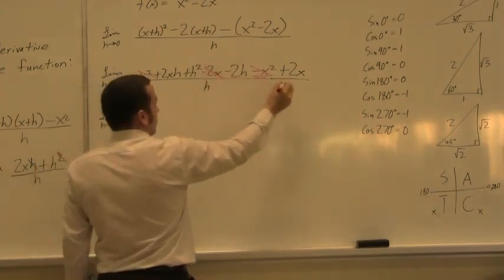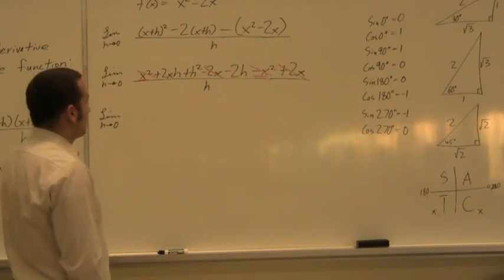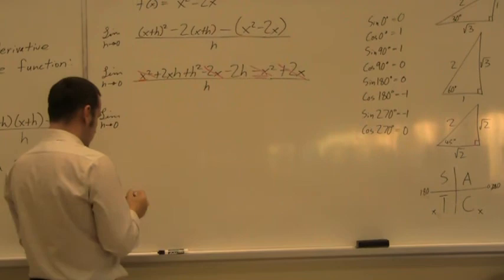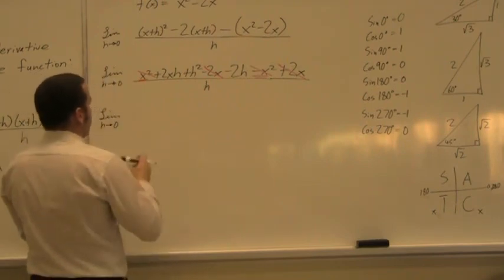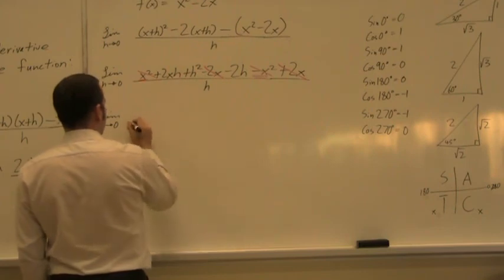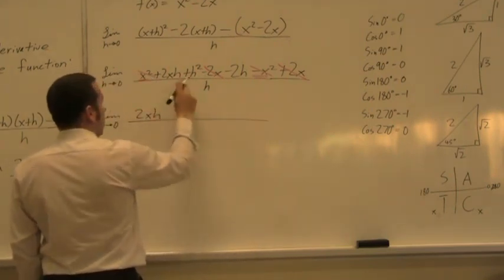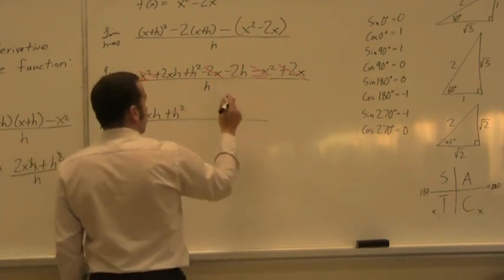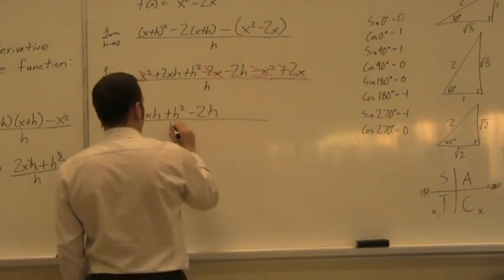So those are going to cancel out to 0. I look to see if there's anything else that can cancel. There isn't. So I write down what I have left. What I have left is 2xh plus h squared minus 2h, and that's it, all divided by h.